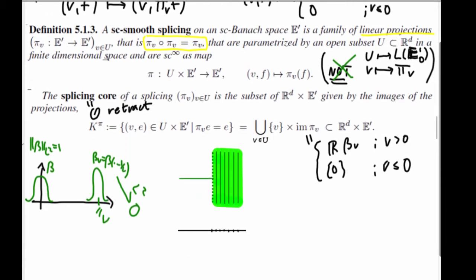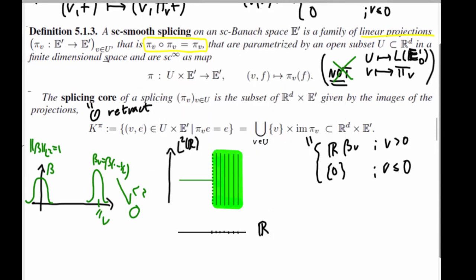This whole thing sits over R, and then there's really another direction, which is L2 functions on R. And if I look at a sequence of points v_i that goes to 0 from the right, then each of these fibers looks like a trivial fibration, but really they are lines generated by different vectors.